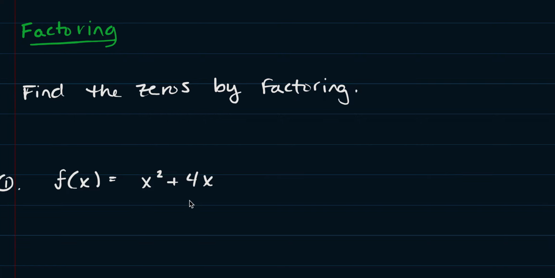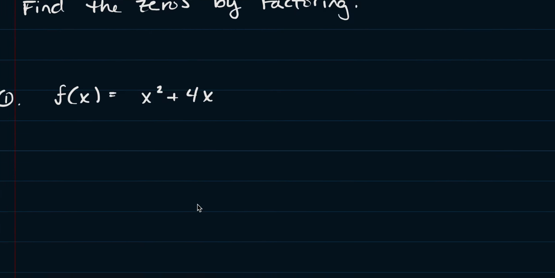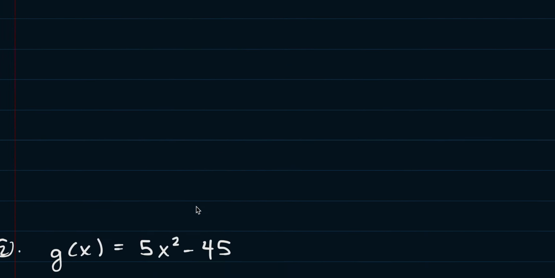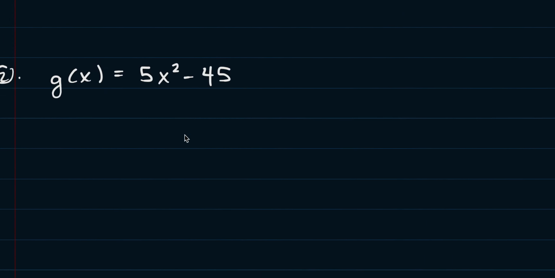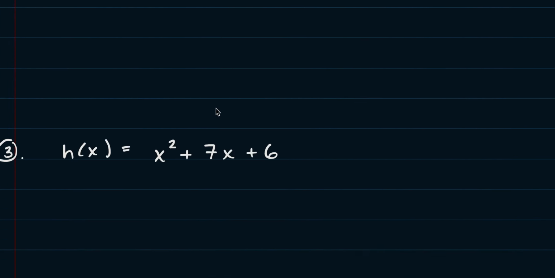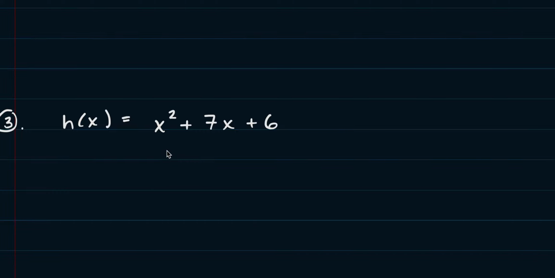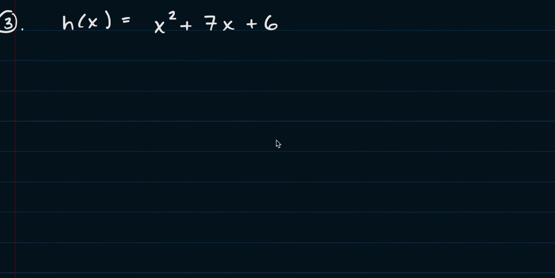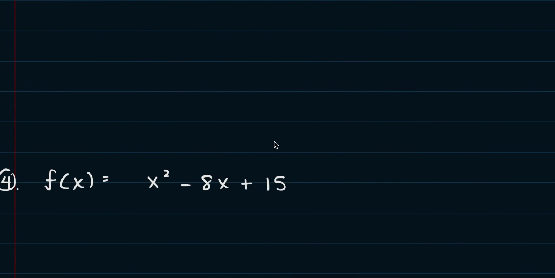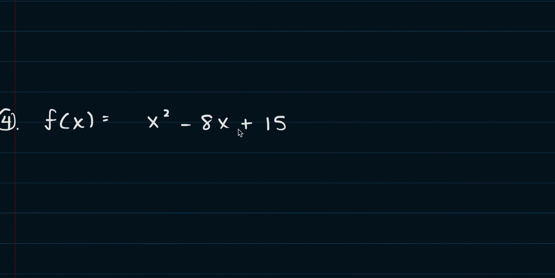So the first one is x squared plus 4x. The second problem is 5x squared minus 45. Here's the third problem, x squared plus 7x plus 6. Fourth problem, x squared minus 8x plus 15.